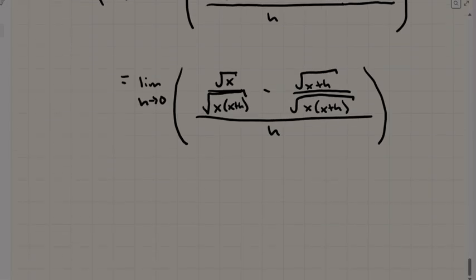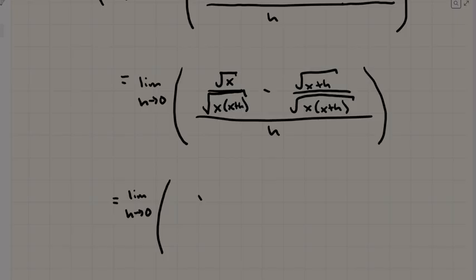Okay, so now at least the next step we can do is, since our numerator subtraction operation has the same denominator, we can combine that as one fraction.